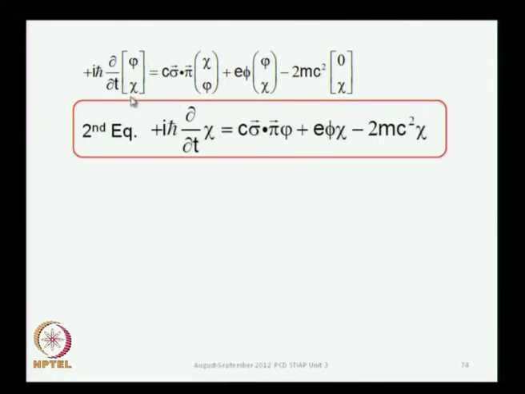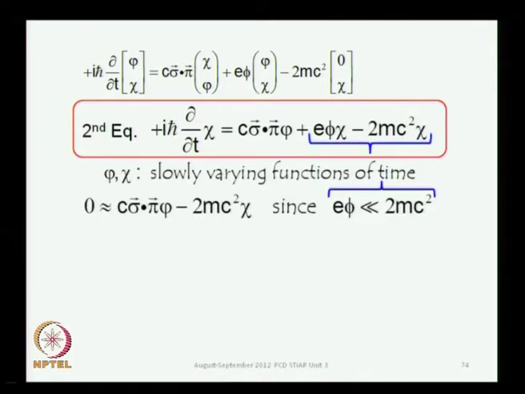Now, this is again two equations. Look at this lower one which is the derivative of chi, and this is c sigma dot pi operating on phi plus E phi operating on chi minus twice mc square operating on chi. There is always a unit operator which is sitting over there. Now, if you look at these terms, these two terms have got chi.